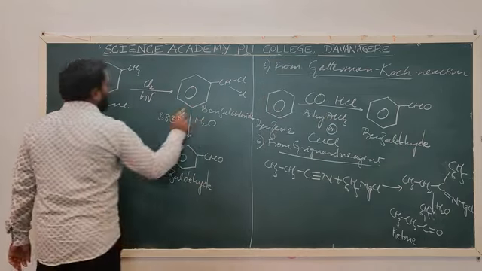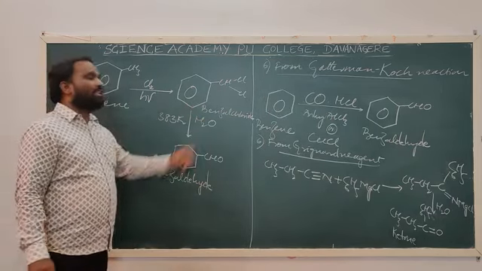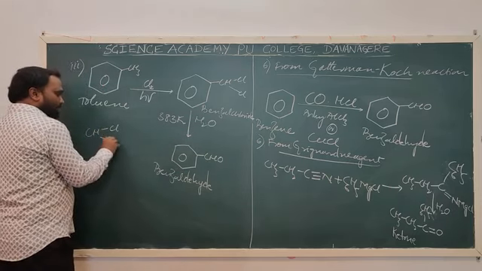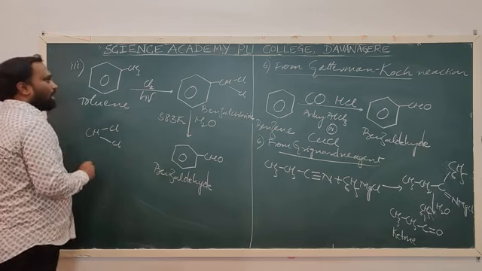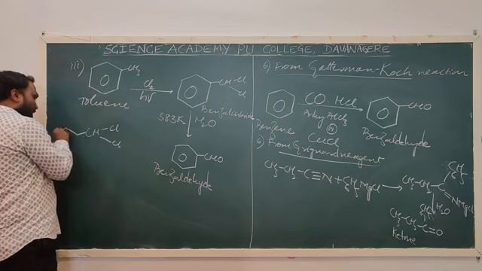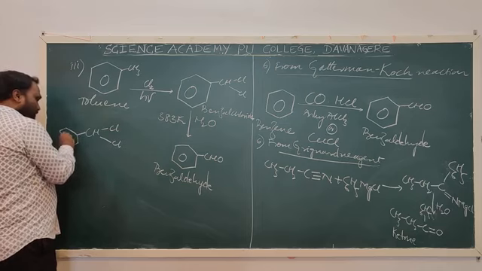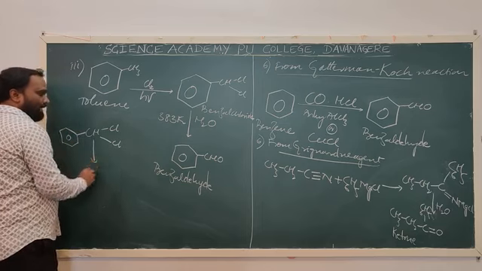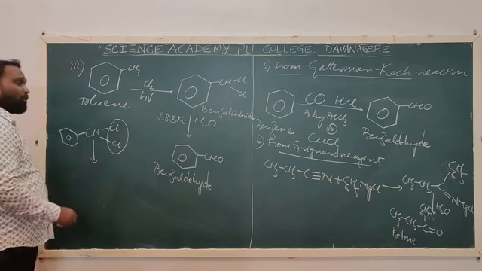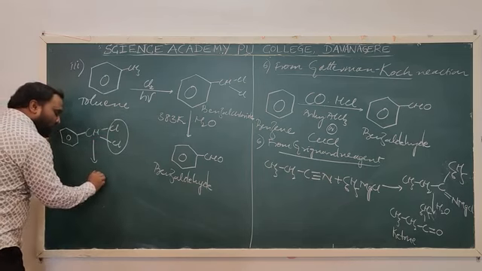See what happens when this benzal chloride is heated with water. The two chlorine atoms which are attached to the side chain of the benzene ring are replaced by water. So both the Cl groups are replaced by OH groups when they are heated with water.